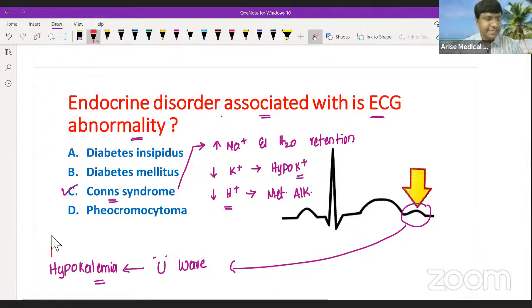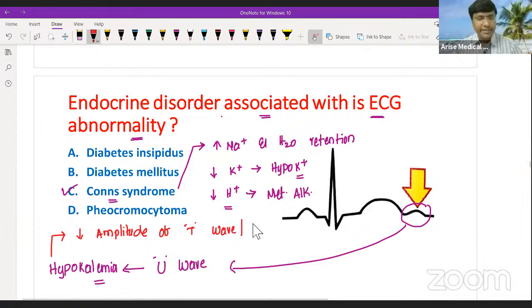In hypokalemia, the other ECG changes are a decrease in the amplitude of the T wave, or there can be an inverted T wave. Okay, so that is about the ECG changes in hypokalemia.